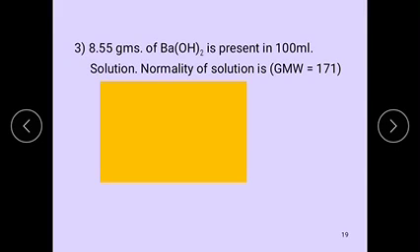And the next one: 8.55 grams of barium hydroxide is present in 100 ml of solution. What is the normality of the solution?